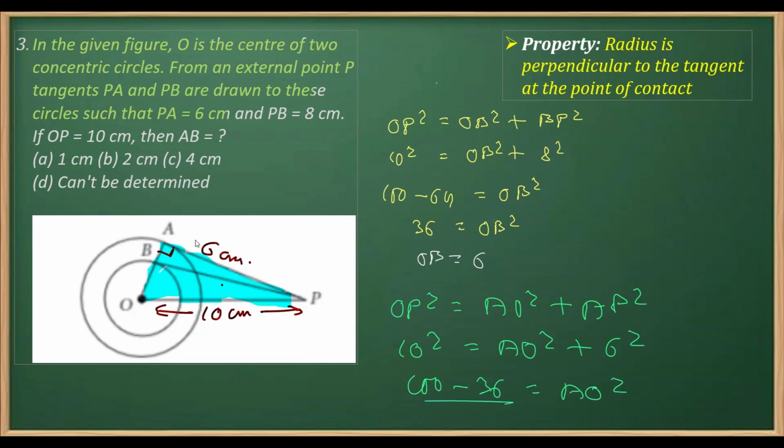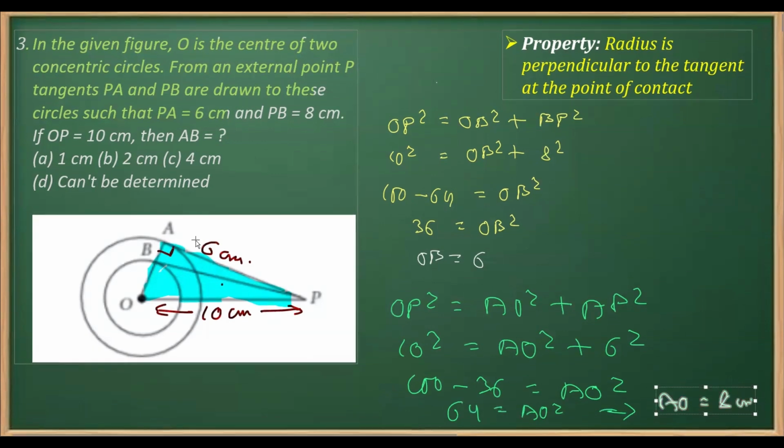So 100 minus 36 is 64. 64 is equal to AO square. This means AO is under root 64, which is 8 centimeter. Now from these two, we know the length of OB and OA.